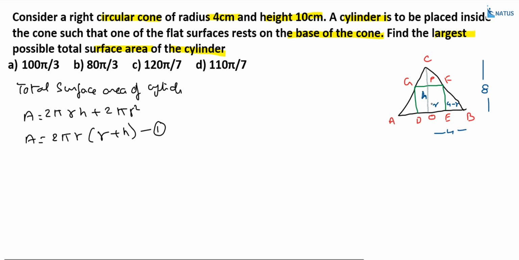Right? Now, if you observe triangle COB, and triangle FEB, these two are similar triangles. Right?